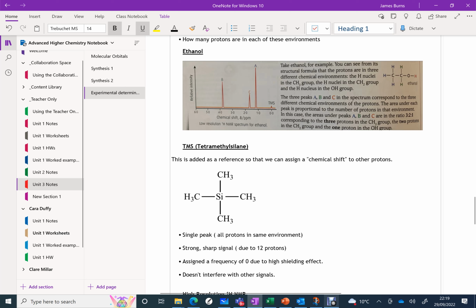So we assign that a value of 0. And what we're going to say is that every other hydrogen environment, proton environment that we ever find, is going to be slightly more de-shielded than that. So therefore, we're going to shift up to higher numbers. That's why it's called the chemical shift.